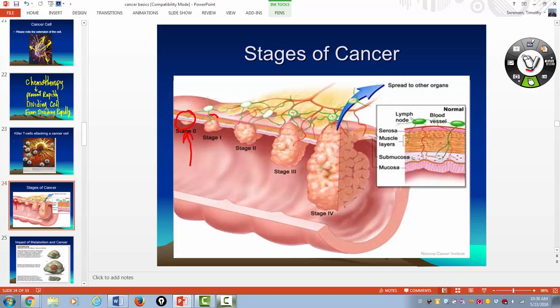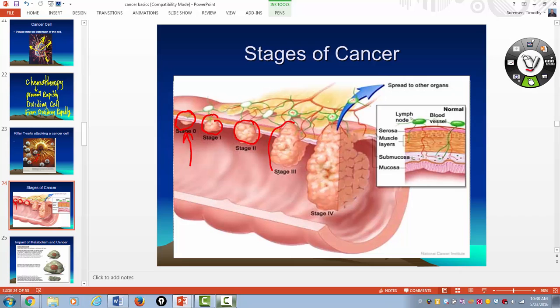In stage 1 and stage 2, there is expansion, infiltration. The cancer is no longer isolated to one tissue type, it is now spreading to the different tissue types. So that's stage 1, and stage 2 is just increased expansion.